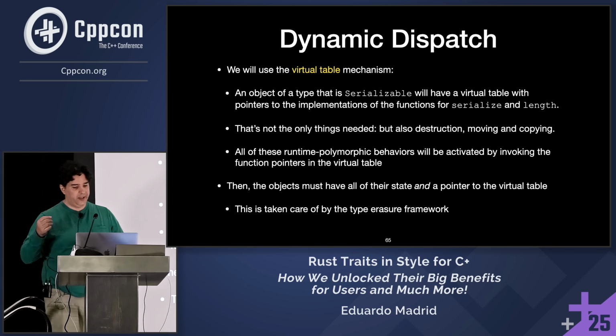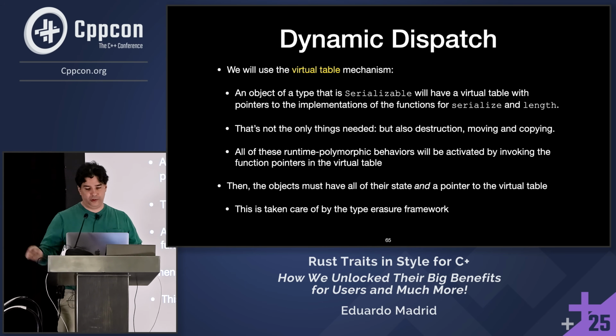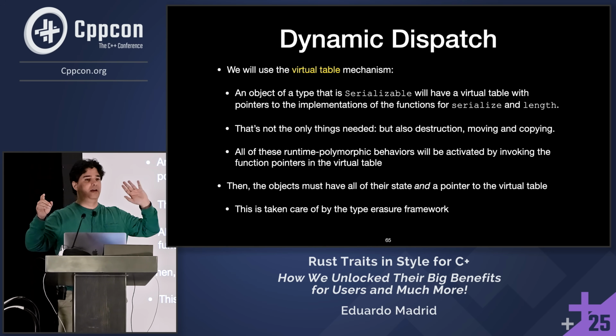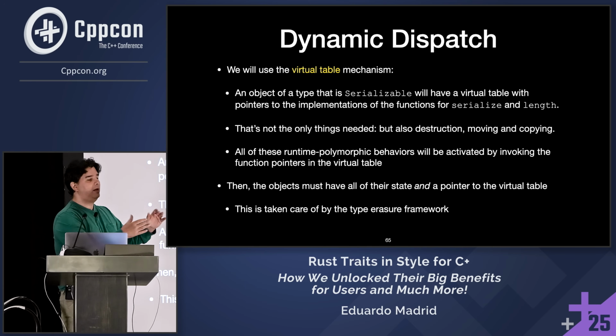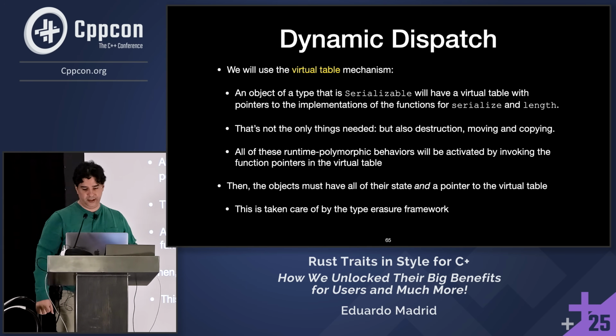Then the objects must have all of their state and a pointer to the virtual table. That's why they are fat pointers, because you had to refer to the object in some way and at the same time bind it, associate it to the virtual table pointer.